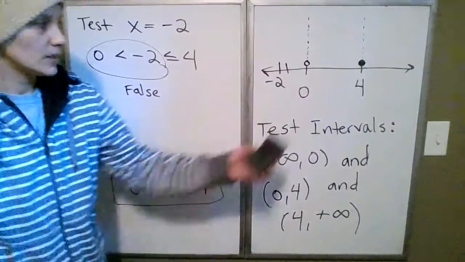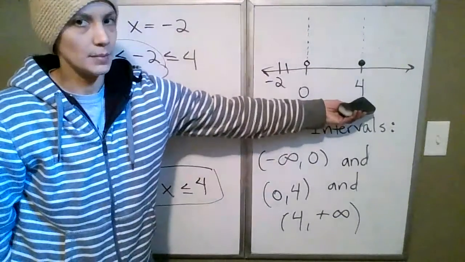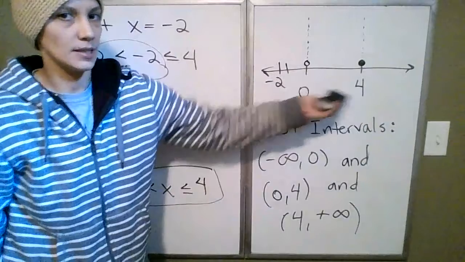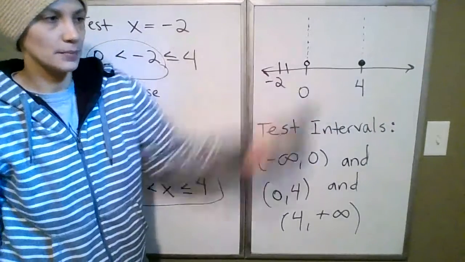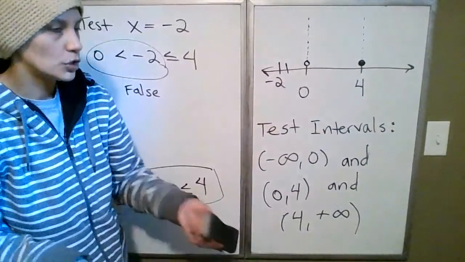Okay, now you can pick a number between 0 and 4. It can be any number you want as long as it's in this interval. I'm going to pick 1.